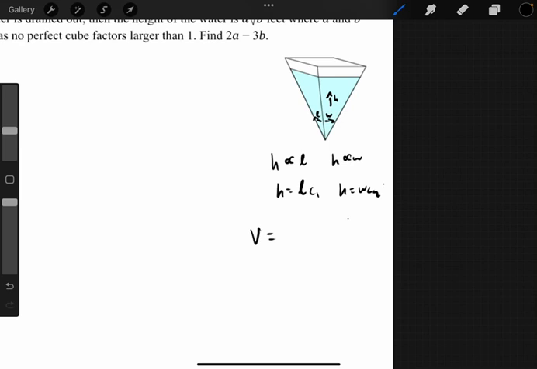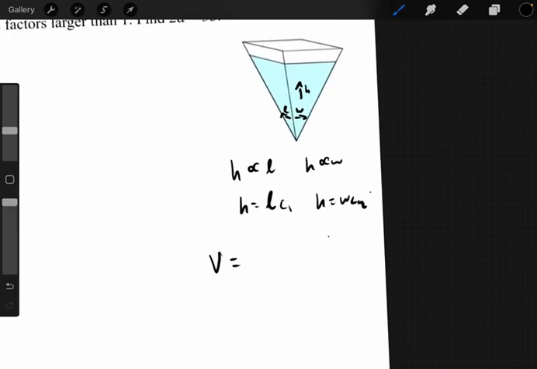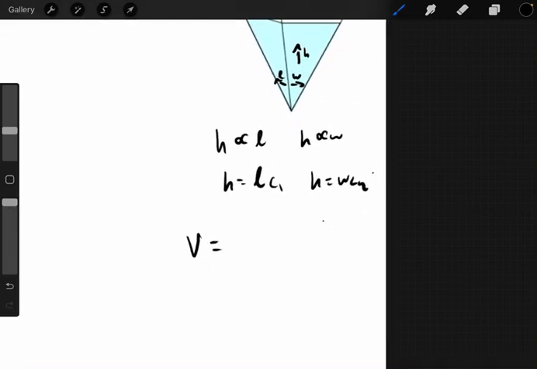Volume equals, I'm going to omit the constants right now, because it's dependent on the prism, and it's all going to get canceled out later anyway.